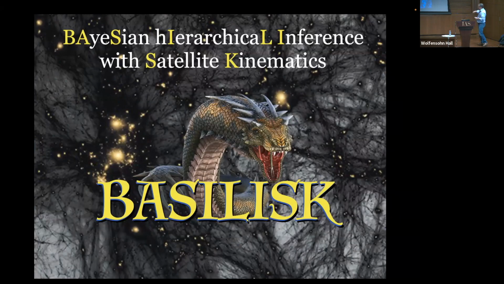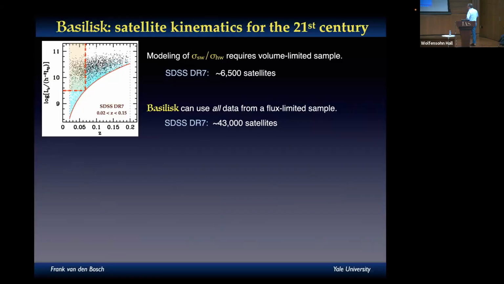Now, Basilisk is a perfectly legitimate acronym for satellite kinematics. And it's basically satellite kinematics with steroids, and it makes a number of important improvements. For reasons that I don't want to go into, all the previous analysis with this stacking can only basically use volume limited samples.